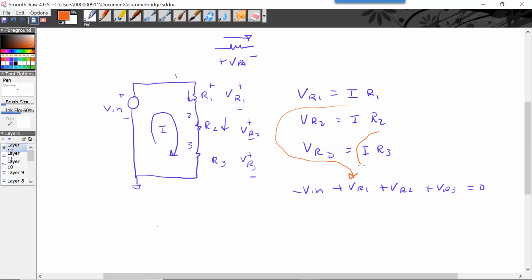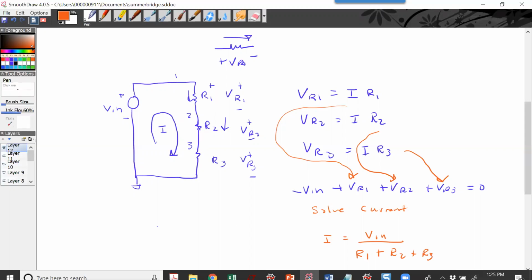Substitute each one of these relationships, right, and solve for current, and I get I equals Vn divided by the sum of these resistors, which if you had done it the circuit transform way, notice these are in series, sum them, make a circuit where you have the voltage in one resistor, it would come up to be the same.